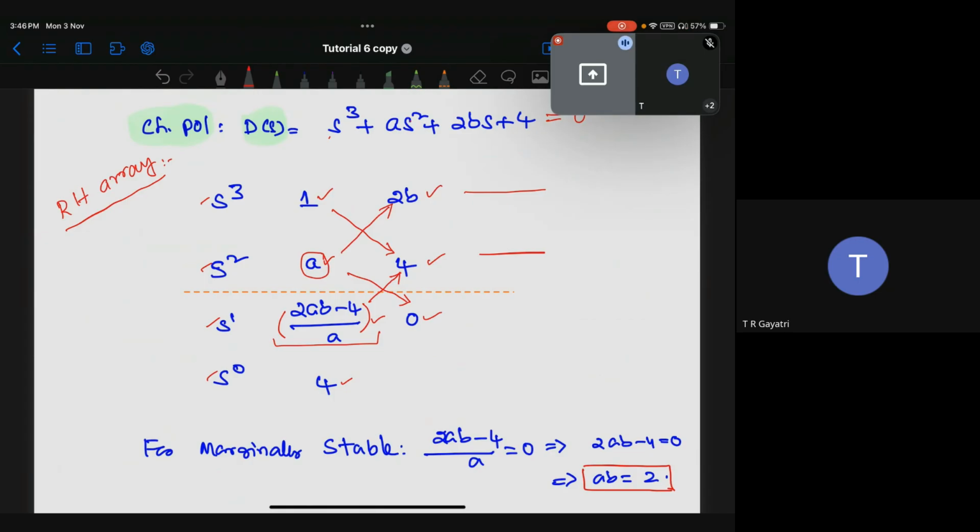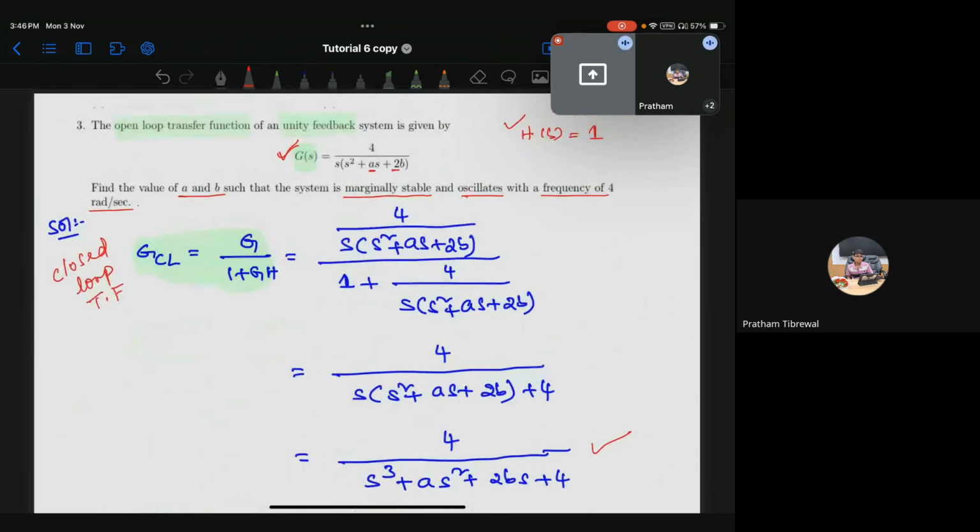Now, looking back at the question, we need to find A and B such that the system is marginally stable. In the previous question we saw that the system becomes marginally stable when you have roots on the j omega axis.